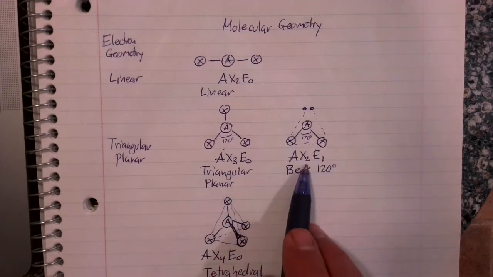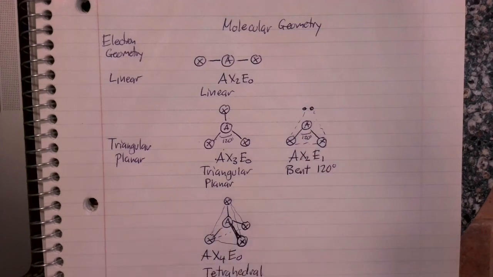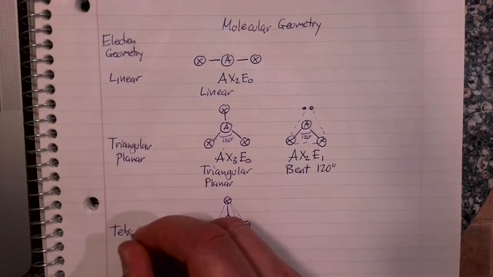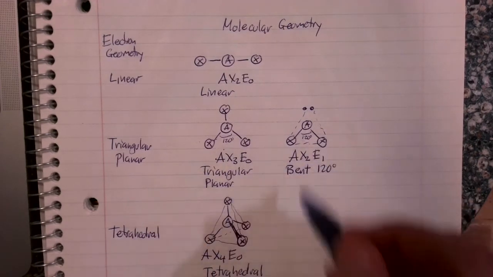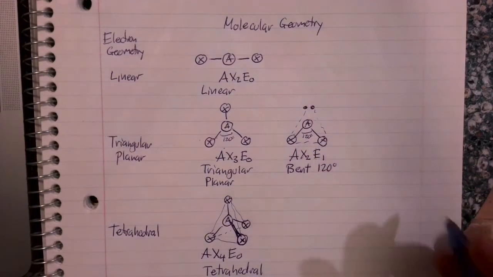But I give this one its own name for a shape because I can't see that third corner. And this one will be based on our tetrahedron, so tetrahedral. So I'll have this electron geometry based on the total number of groups that are doing the repelling. So this one I'm going to call bent 120.